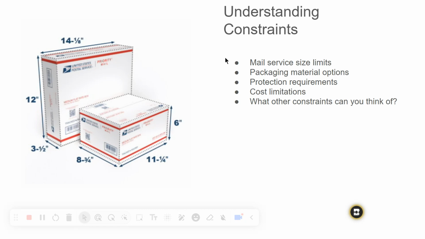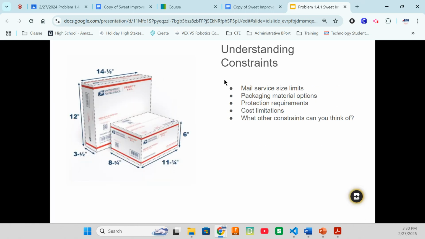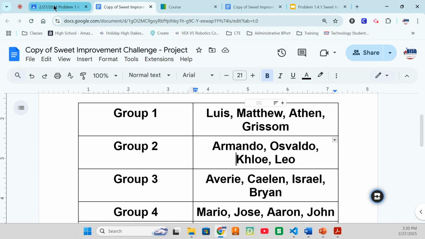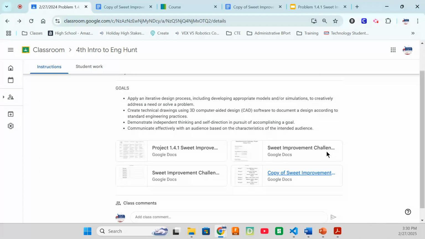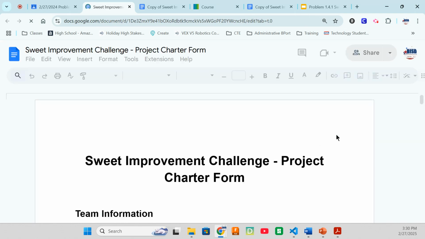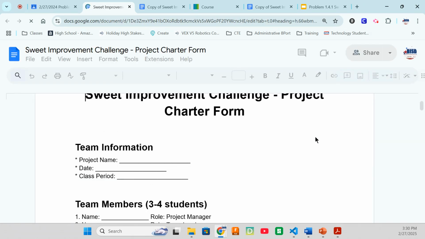Now, what we're going to do today, or what you're going to do today, is you're going to focus on establishing a team charter. So let me go back to Google Classroom. And inside Google Classroom, I have a little form that I've designed for you.